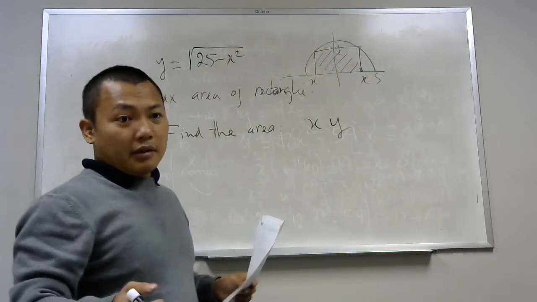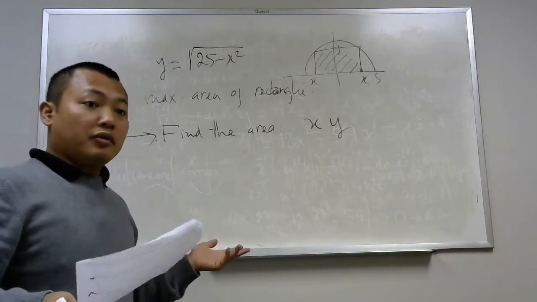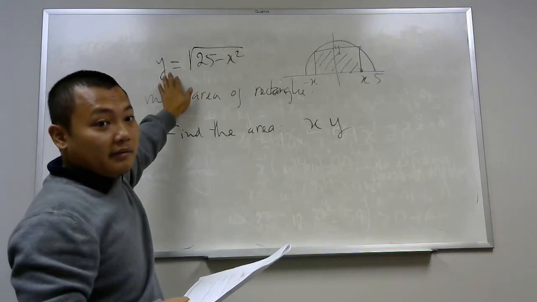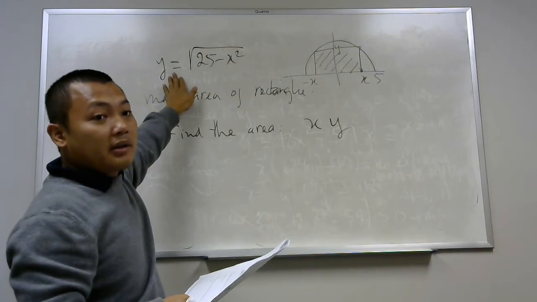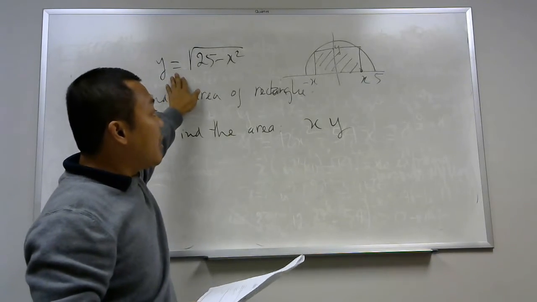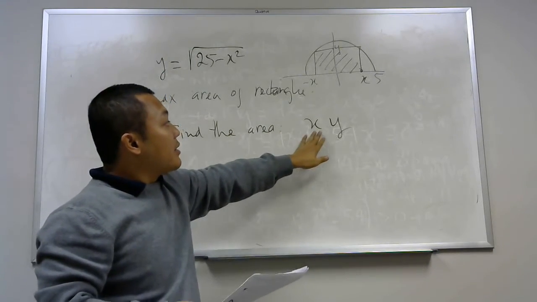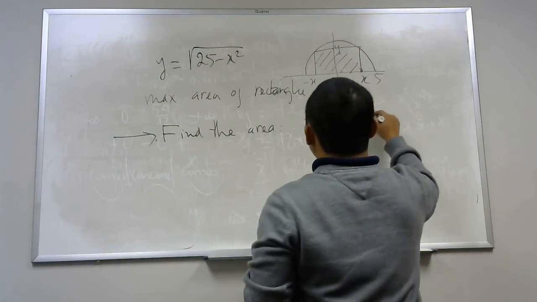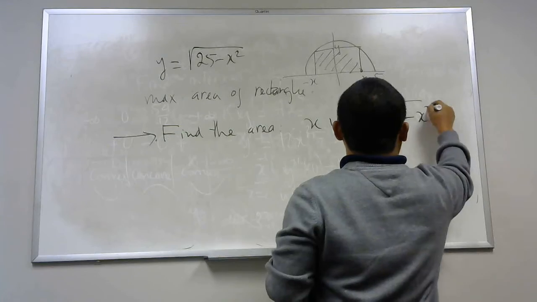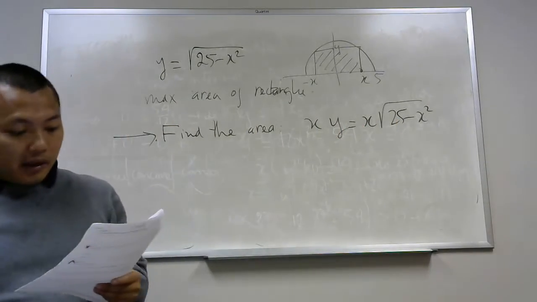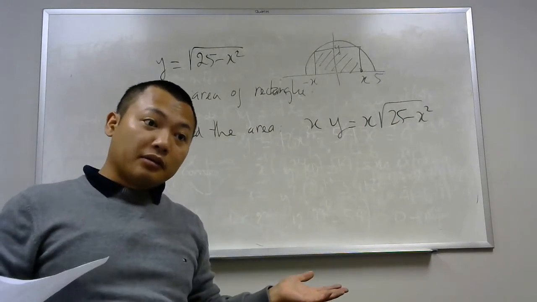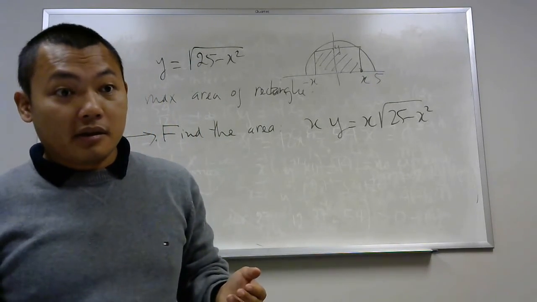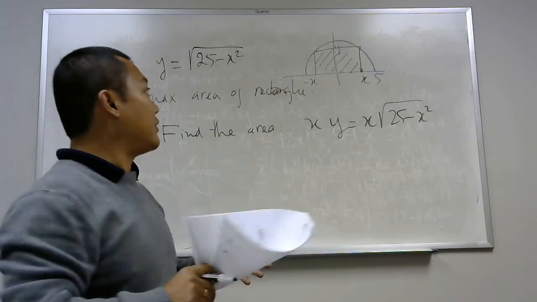Again, in such problems, we always have a function of two variables, x and y. But this is the relationship we have: y is the square root of 25 minus x squared. So basically, I can replace y by this function, right? So now we have a function of one variable. And the only thing we need to do is to maximize, or find the maximum of, this function when x goes from -5 to 5.